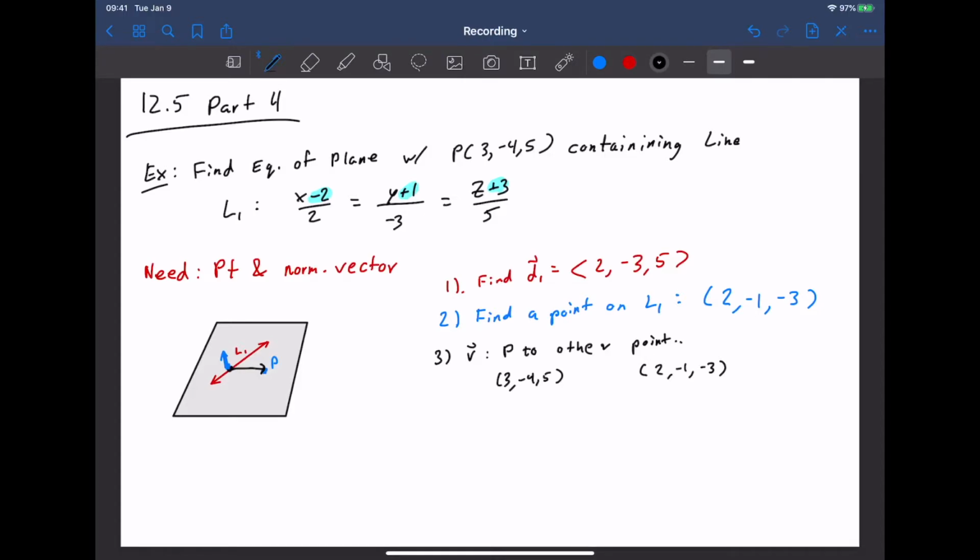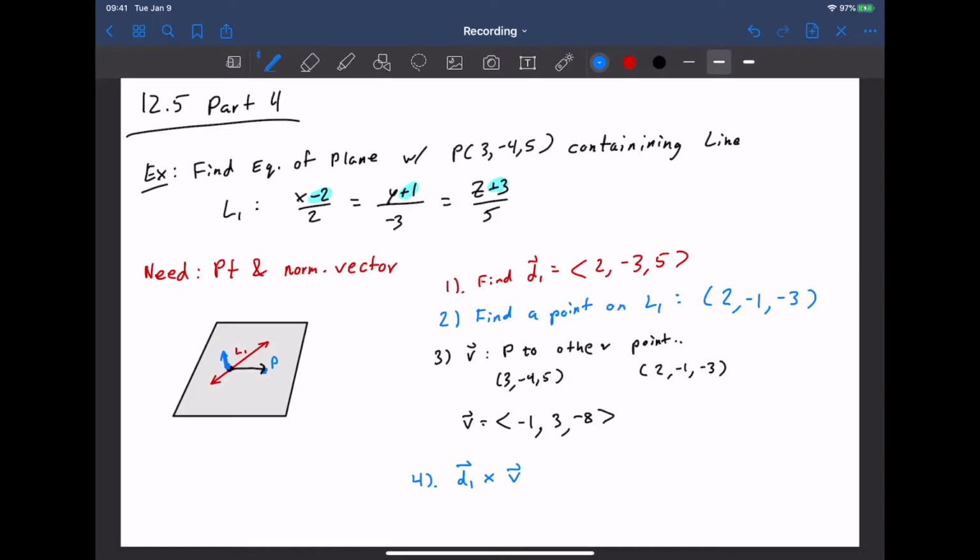It doesn't matter which direction we go. I'm just going to do it in the natural order, so it's (-1, 3, -8). Then 4, do D1 cross V.